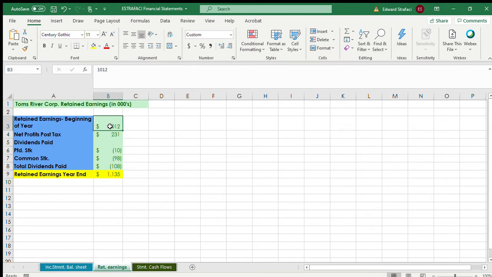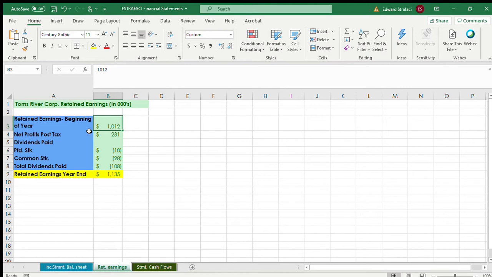So this is where you would have begun the year for this particular company. So they started the year with $1,012,000 of retained earnings. And retained earnings are basically when a company makes a profit. At that point, they have a choice to pay dividends to their shareholders. They are obligated to pay dividends to their preferred holders.